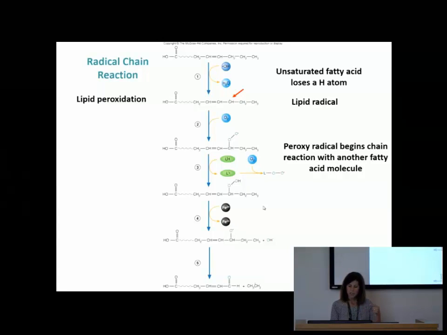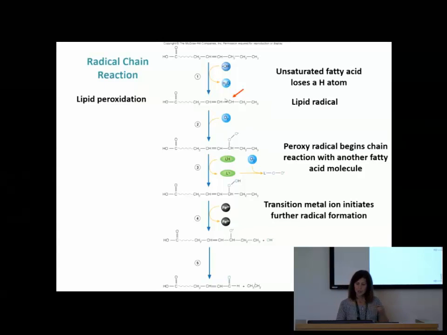What I want you to remember from this is that you have a radical from the hydroxyl radical that goes on to the lipid. That radical causes the cleavage of that lipid and is passed on to another lipid.